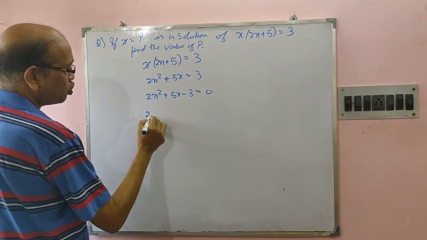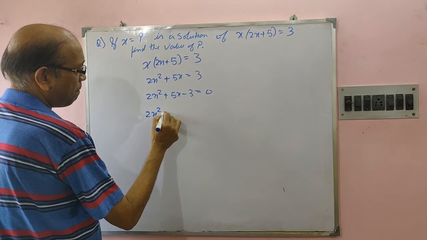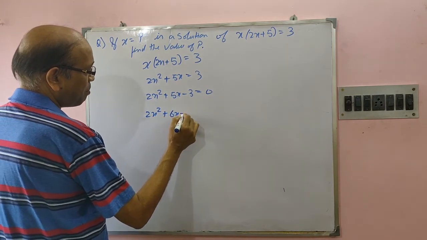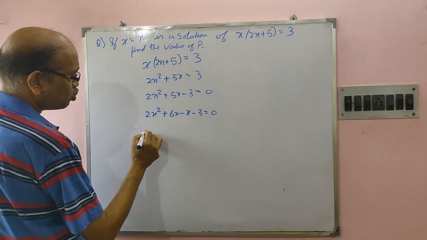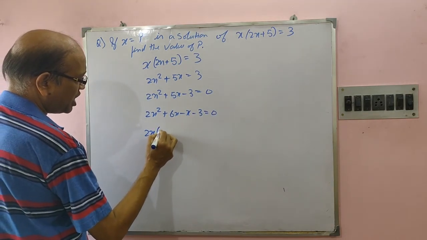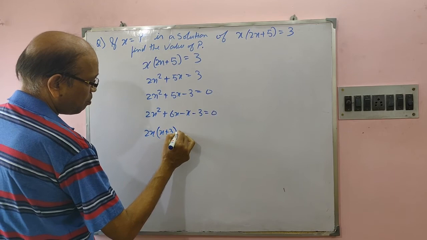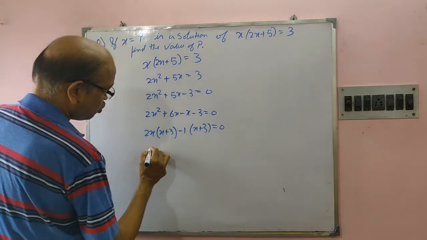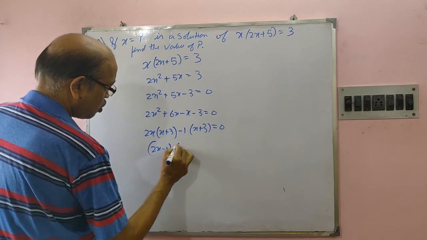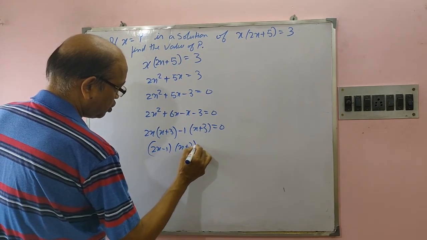3 twos are 6. So 2x square plus 6x minus x minus 3 is equals to 0. So I take 2x common, 2x(x plus 3) minus 1(x plus 3) equals to 0. So 2x minus 1 or x plus 3 is equals to 0.